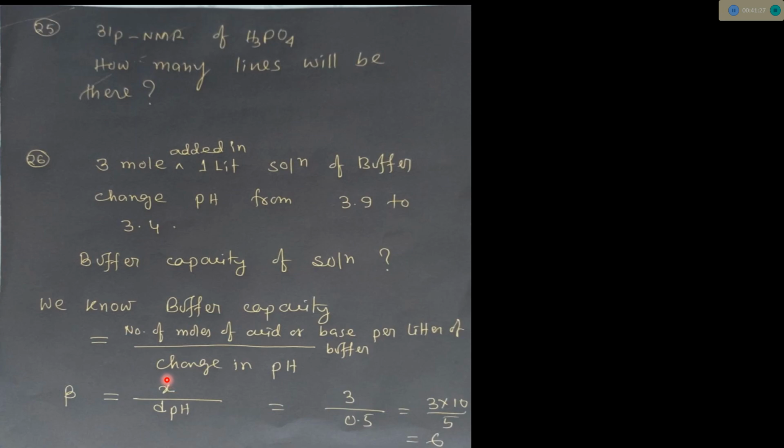Here the change in pH is 3.9 to 3.4, which means 0.5, and we add 3 mole of acid in 1 liter solution, so 3 moles per liter. So 3 divided by 0.5 equals 6. So the buffer capacity of this solution is 6.